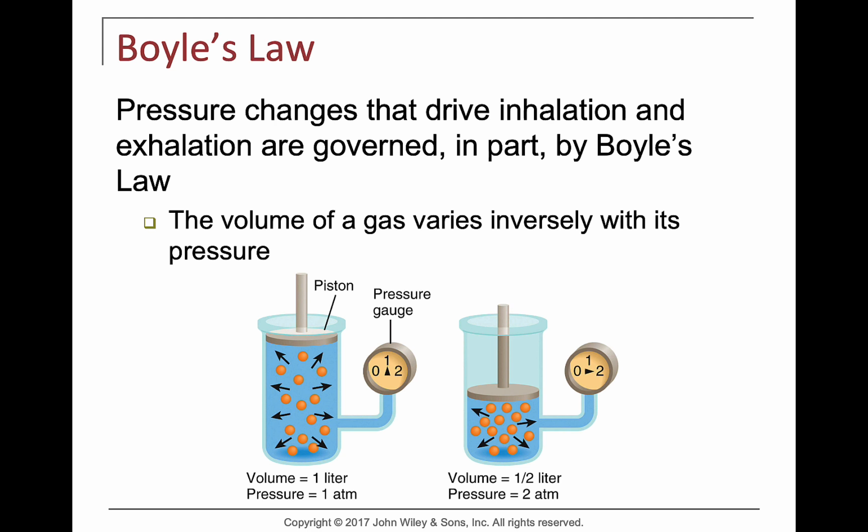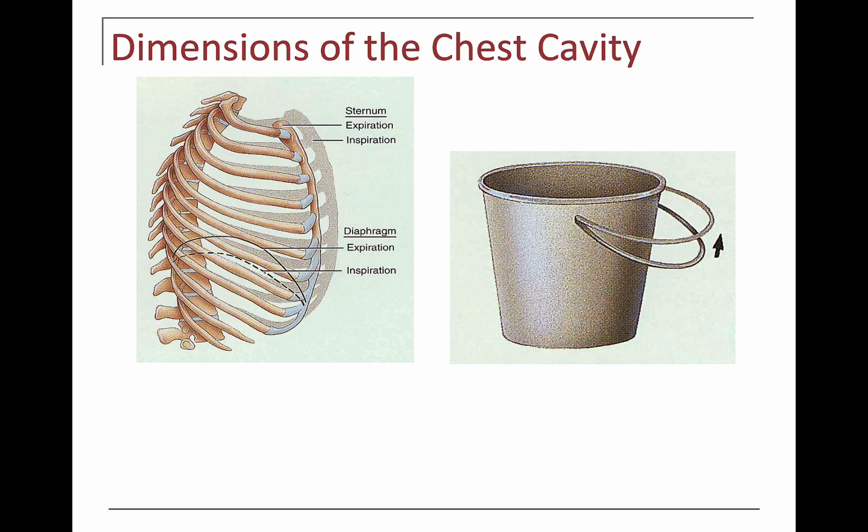If we halve the volume of that container from 1 liter to a half liter, when we move over to the figure on the right, we see that the pressure doubles. So we see here as the volume decreased in the container, the pressure increased, and the same thing is going to happen inside your lungs. If the volume decreases or the lung volume gets smaller, the pressure of the gas molecules inside of the lungs are going to rise, and vice versa.